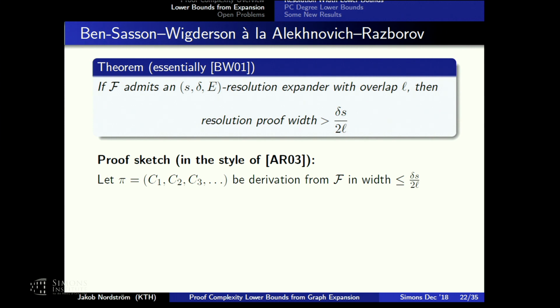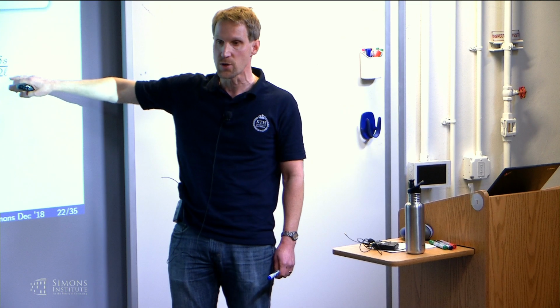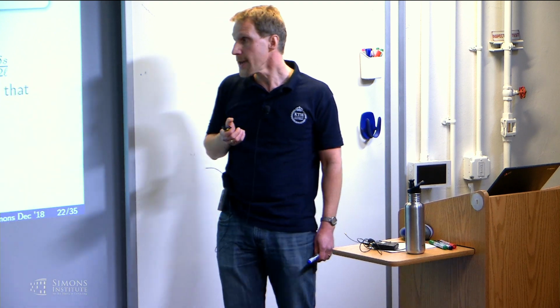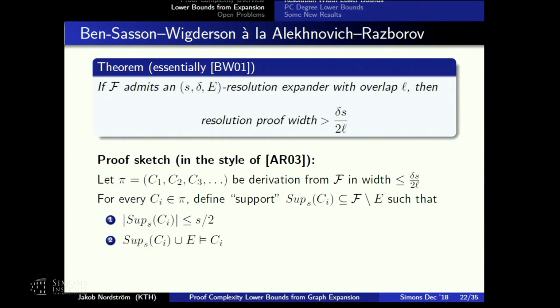So let me give you one or one and a half technical slides and sketch how the proof would go, and you'll be able to fill in the details offline. Suppose that we have a resolution derivation starting from this formula, and every clause has width at most this. Then I'll define some kind of subsets of clauses in my formula. I'll call it the support, and I'll prove two things. That the support is fairly small, and that the support of a clause together with this filter set actually implies the clause.